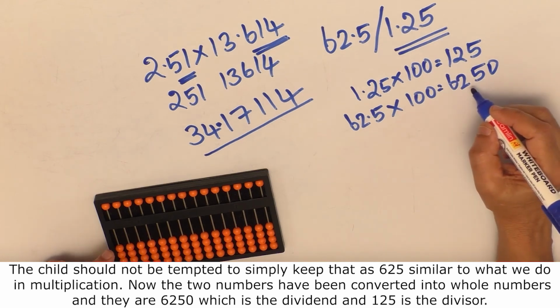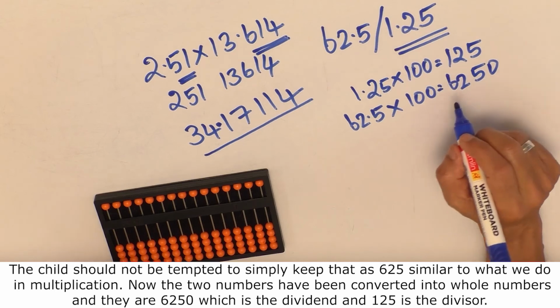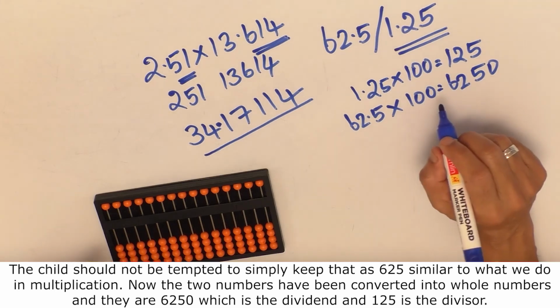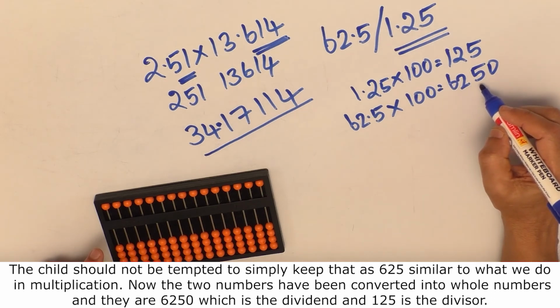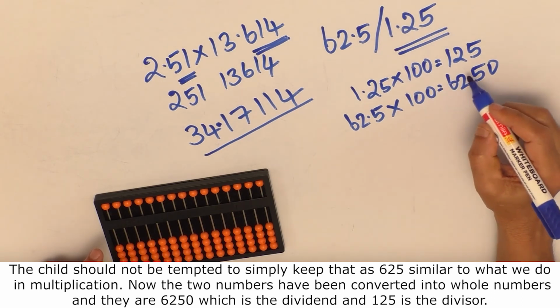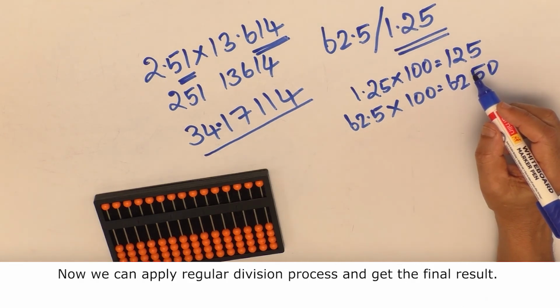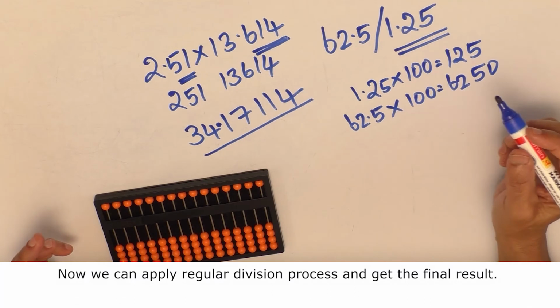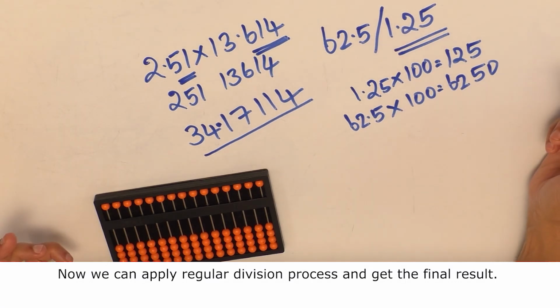Now the two numbers have been converted into whole numbers, and they are 6250, which is the dividend, and 125, which is the divisor. Now we can apply the regular division process and get the final result.